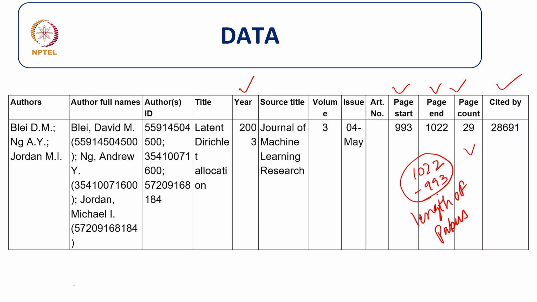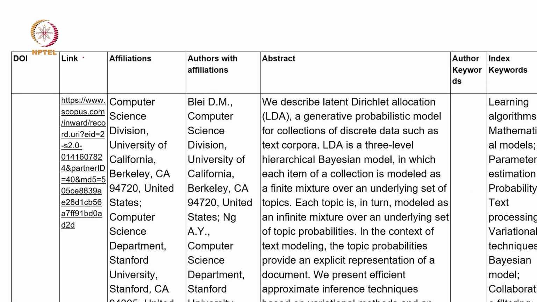These are simple arithmetic operations, and then we can count the length of the paper. Based on this analysis we can find out which paper is the most lengthy paper in that particular source or that particular domain. Then we have already discussed that this is the default column whenever we download the data, so this is not to be considered.